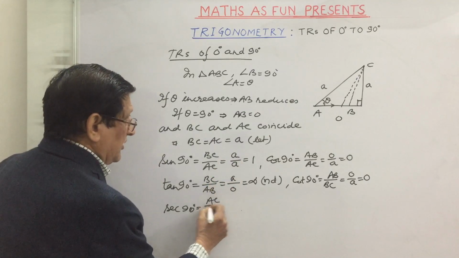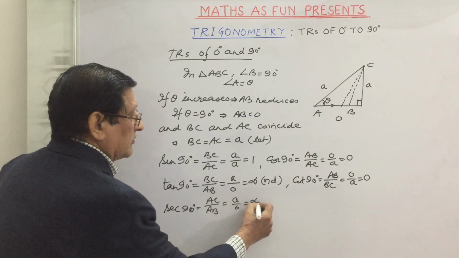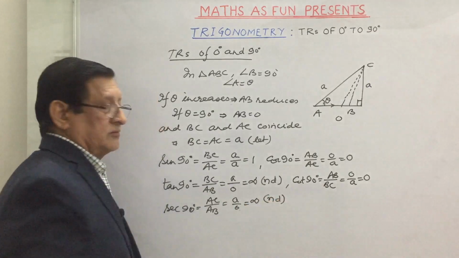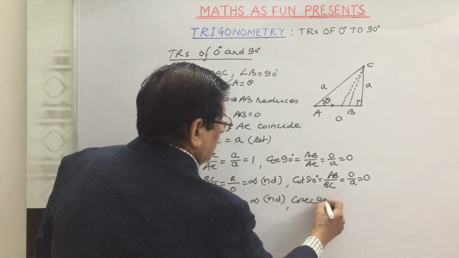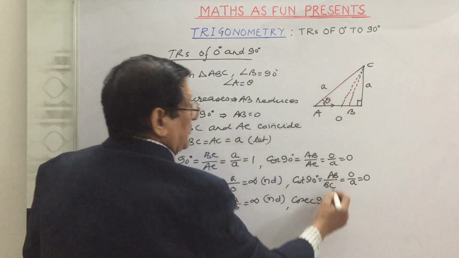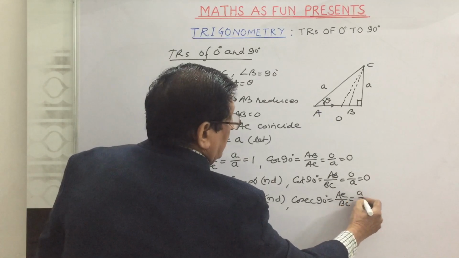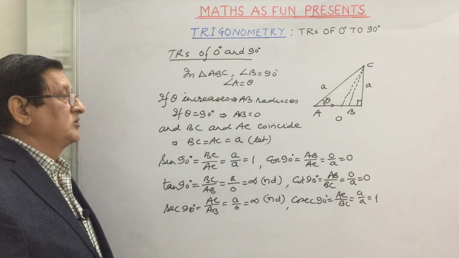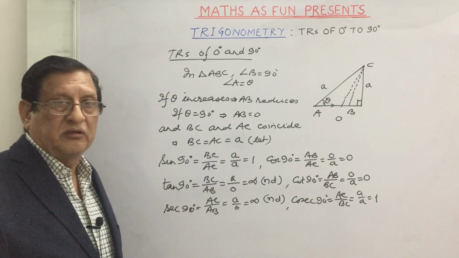Hypotenuse is AC, base is AB, this is A upon 0 and this comes as infinity, or we say not defined. Then cosec 90 degree is hypotenuse upon perpendicular, hypotenuse is AC, perpendicular is BC, this is A upon A, this comes as 1. Like this, we could find out the values of trigonometrical ratios of the angle of 90 degree.